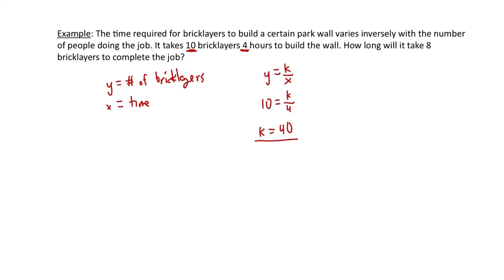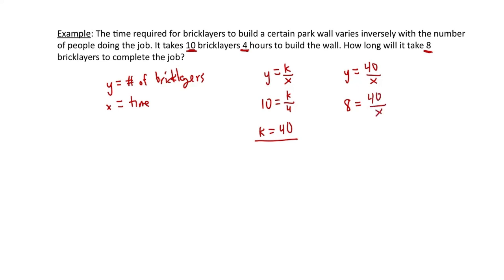Okay, so how long will it take 8 bricklayers to complete the job? Well, let's plug things in. We still have y equals k over x, but it's actually y equals 40 over x. This time, we're told we have 8 bricklayers, so the y is 8. The question is, what is the x?